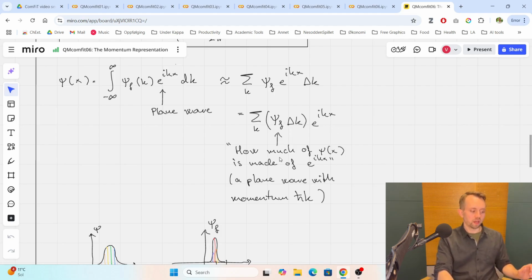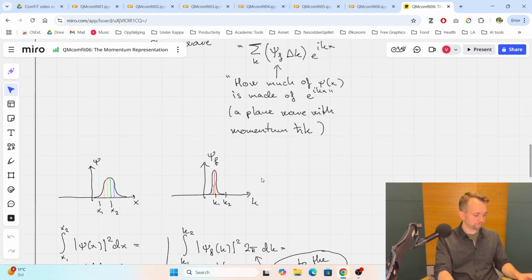In other words, how much of psi of x consists of the wave number of e to the ikx. So how much of the wave function consists of this plane wave with momentum h bar k.